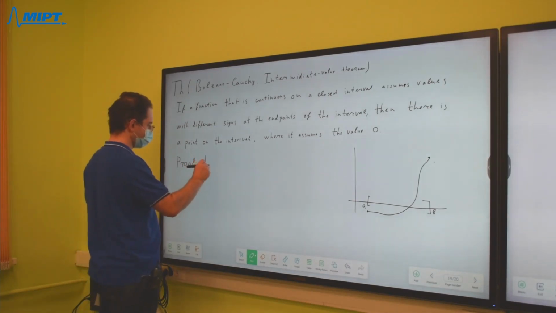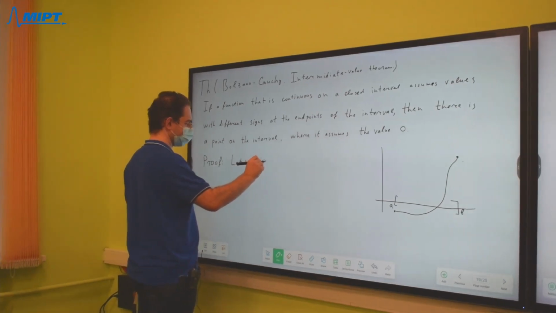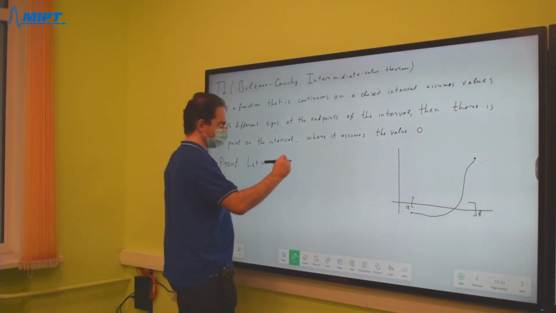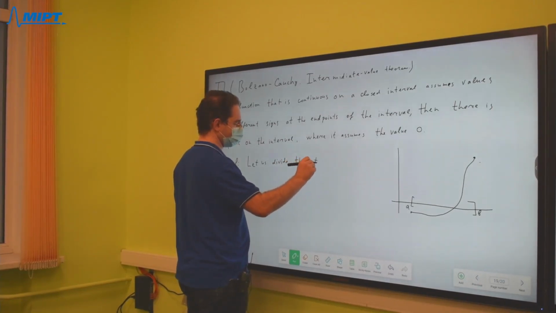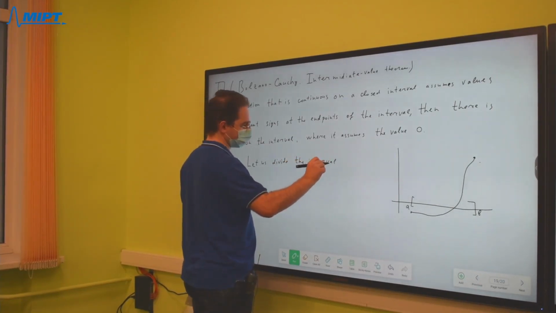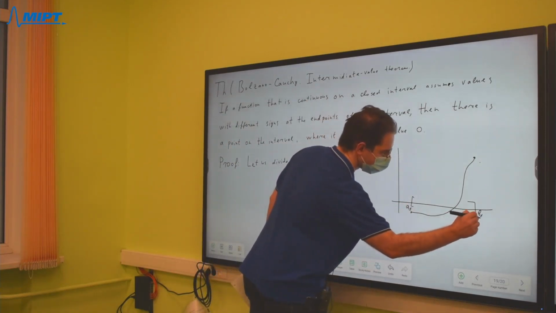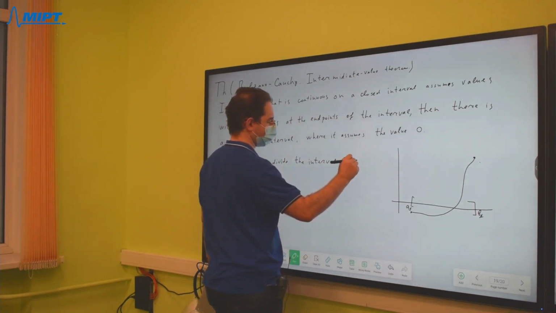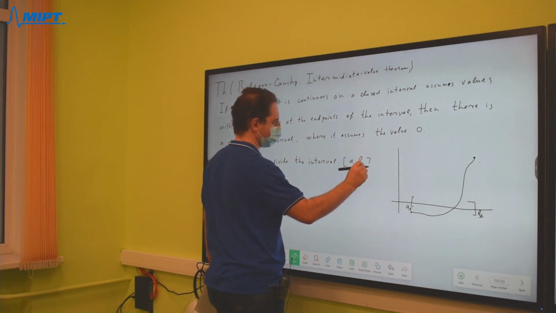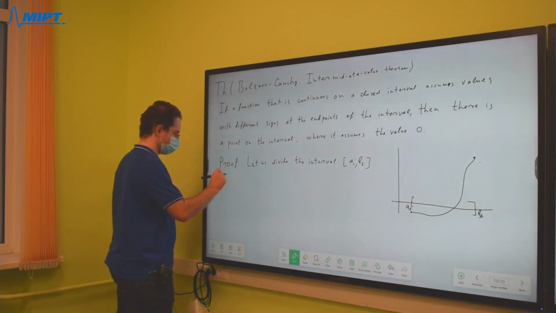So let's divide the interval, let's call this interval A1, B1, in half.